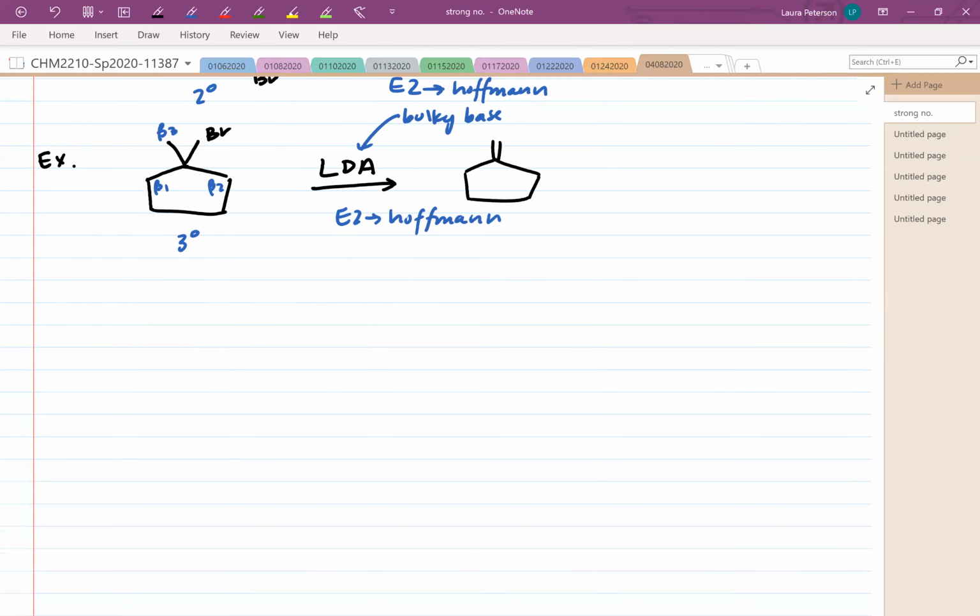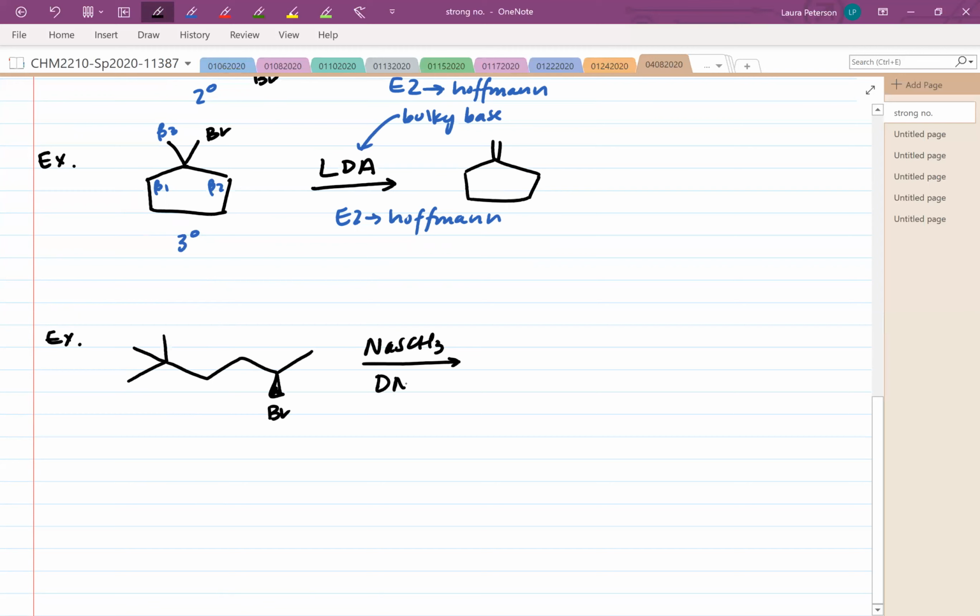Okay, so let's do one last example just to make sure that we can see something other than a bulky base. So let's go ahead and do this starting material. Okay, so we're going to take this sulfur anion, the sulfide, and we're going to react it with, let's do DMF.